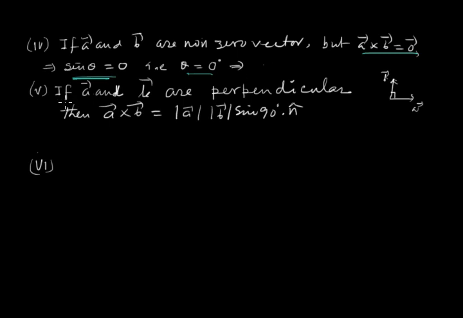That means A and B are collinear, or vector A is parallel to vector B.